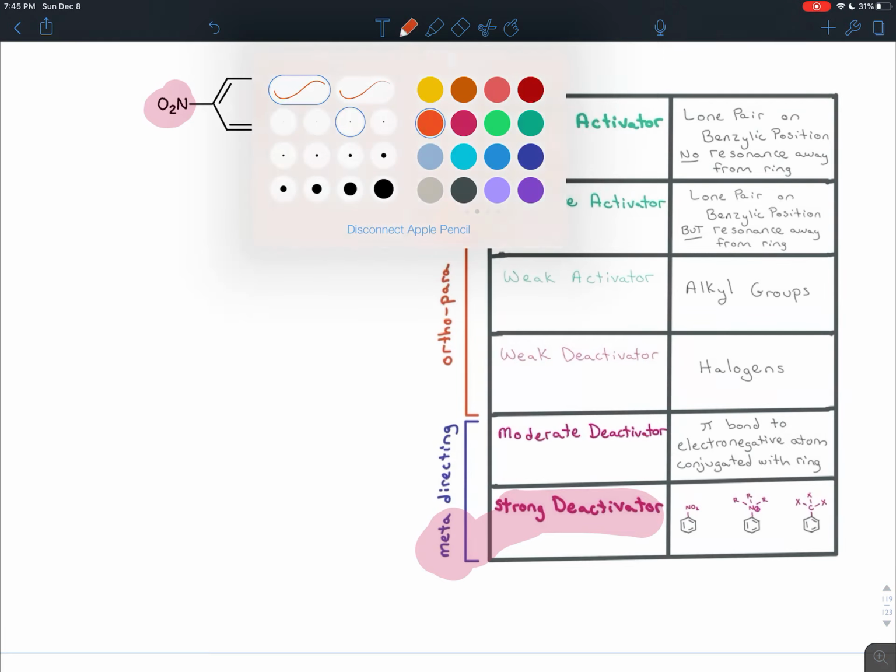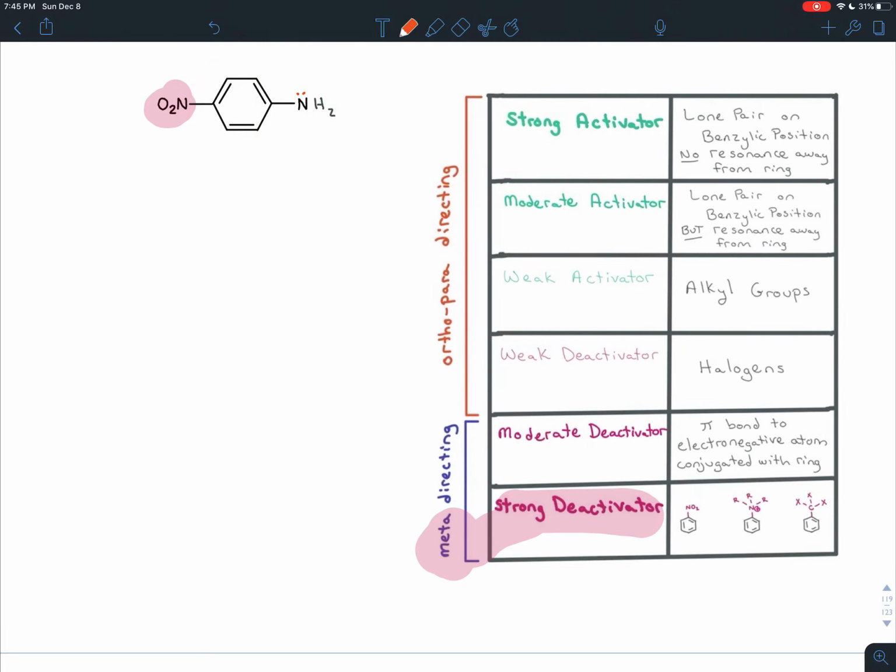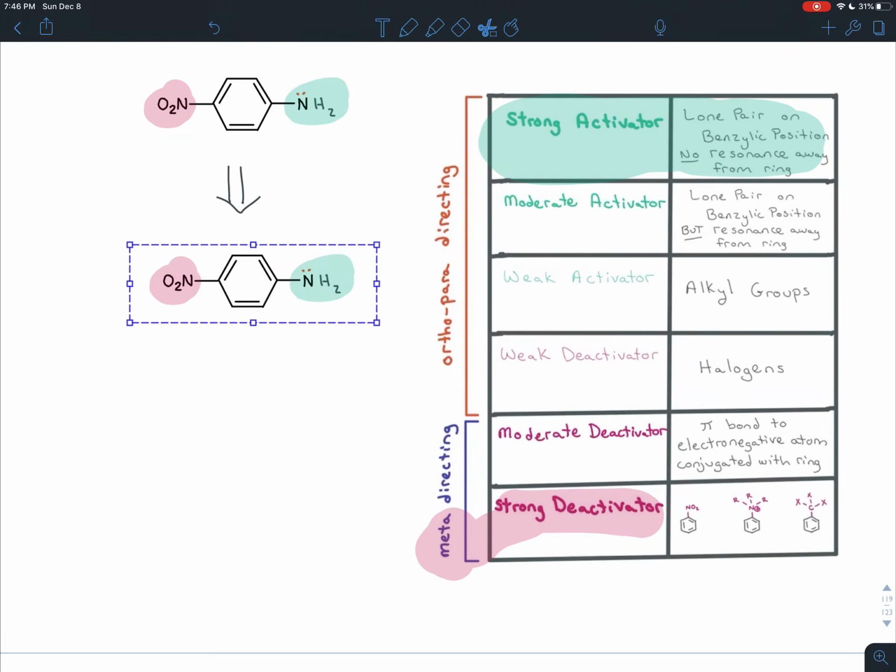The other group, the amine, has a lone pair on the benzylic position. That's a strong activator. So if we work backwards, we can make that molecule from this one, because this is an ortho-para director.